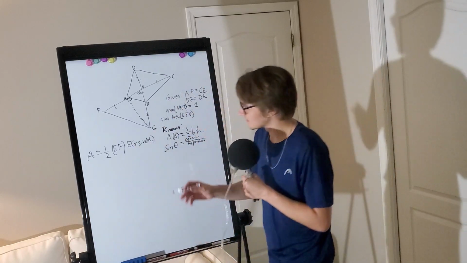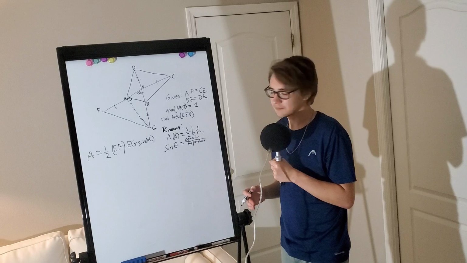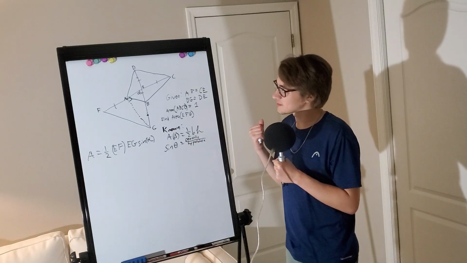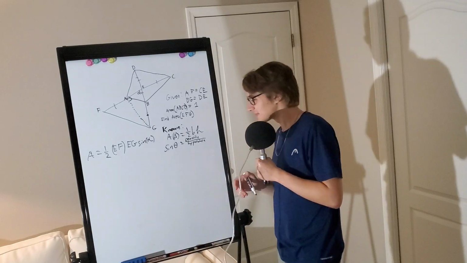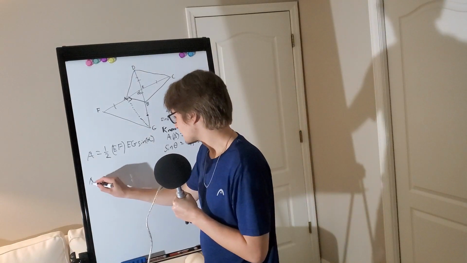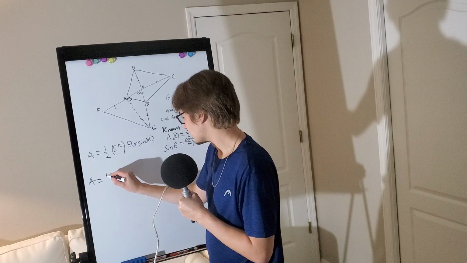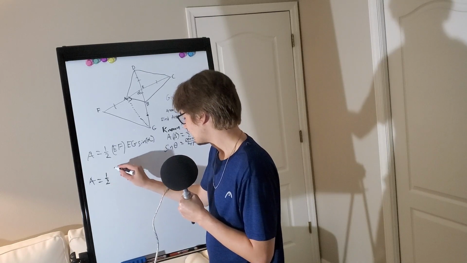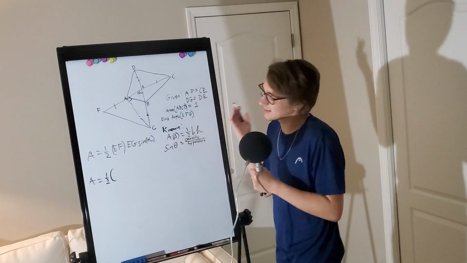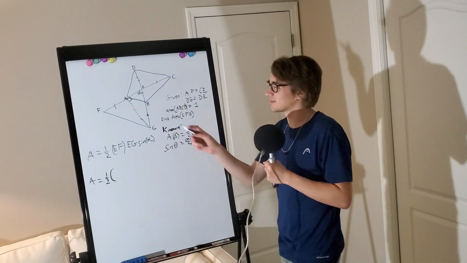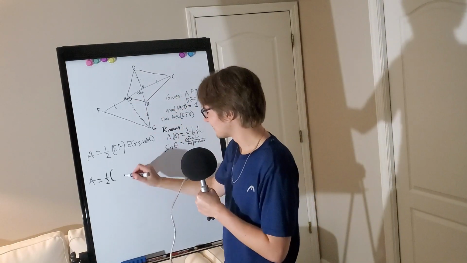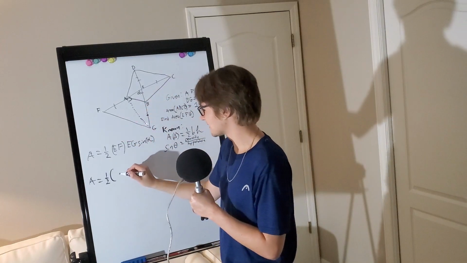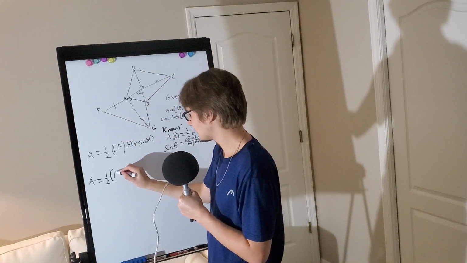All right, so then we have this nice expression. We can expand it out a little bit though, and we're going to want to do that. So what we'll have here is 1/2 still EF. We'll write that as FA plus AE, right? We can see that those two line segments add up to EF.